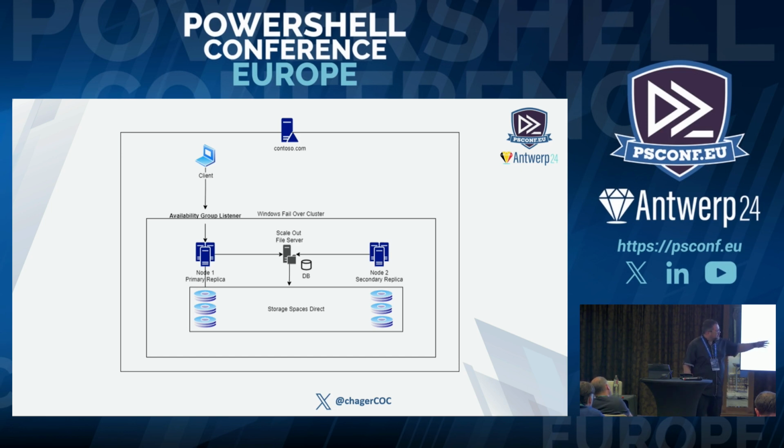Then they will use Storage Spaces Direct to have a pool. Then out of this pool, we create volumes. On these volumes, we create shares with the scale-out file server. And on the shares that the scale-out file server produces, we store our databases, our log files, our backups, and so on.